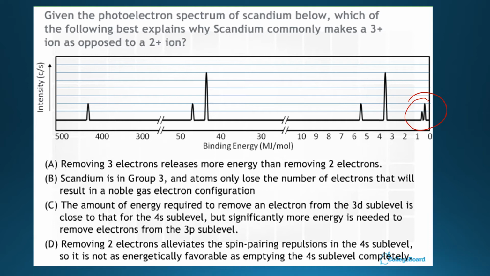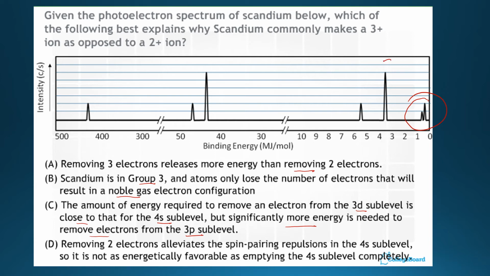Part A says removing 3 electrons releases more energy than removing 2. Part B, scandium's in group 3, and the atoms only lose the number of electrons that will result in a noble gas configuration. Part C, the amount of energy required to remove an electron from the 3d is close to that for the 4s, but significantly more energy is needed to remove the electrons from the 3p.